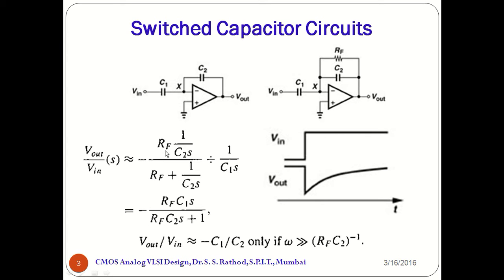Therefore we can write it as RF into 1 by C2S upon RF plus 1 by C2S, and Z1 is nothing but the capacitor C1, that is 1 by C1S. When you simplify it, you get minus RF C1S upon 1 plus RF C2S. Thus, if the frequency omega is very large as compared to 1 by RF C2, then obviously this equation can be approximated as minus C1 by C2.